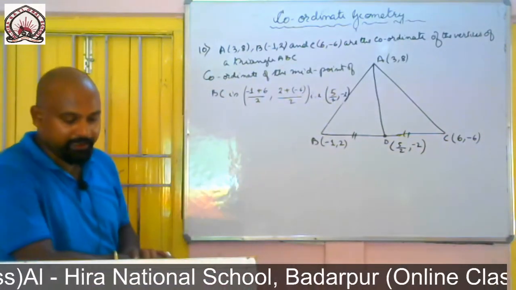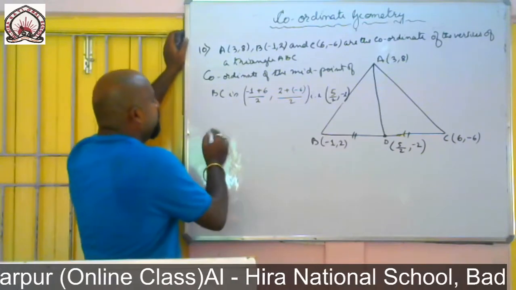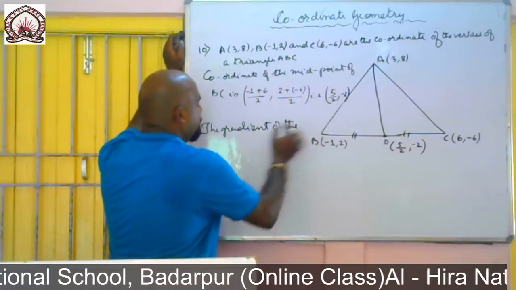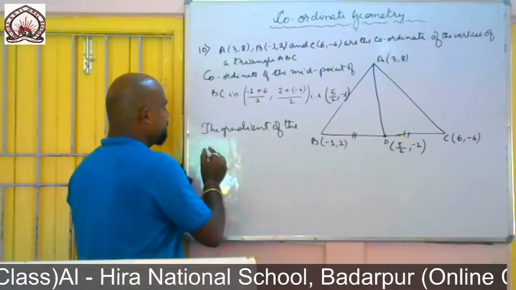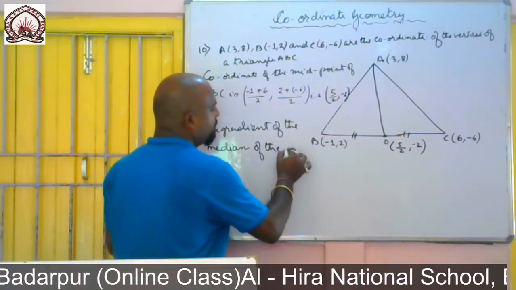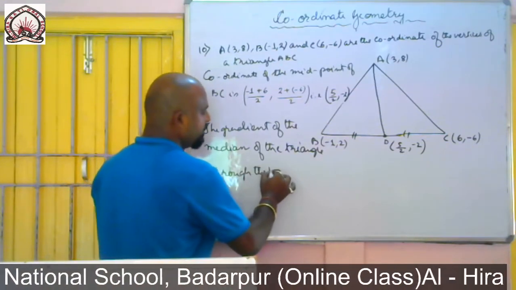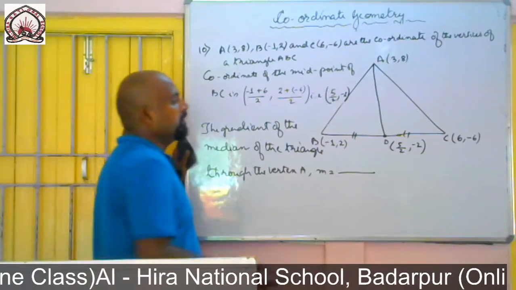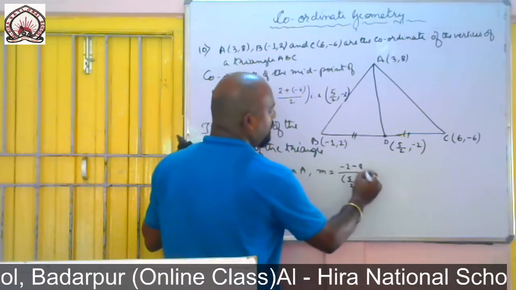Now the coordinate of this point D is 5 by 2 comma minus 2. Now we have to find the gradient of the line through A. The gradient of the median of the triangle through the vertex A is m equal to change in y coordinate, minus 2 minus 8, divided by change in x, 5 by 2 minus 3.